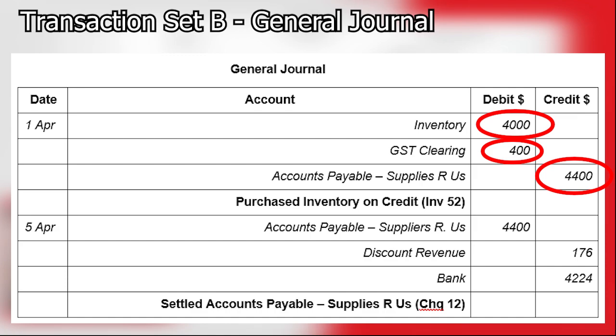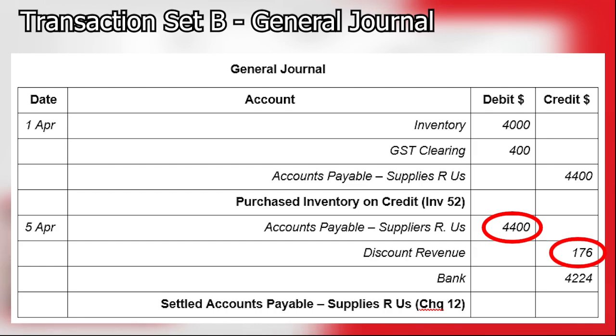Everything seems pretty normal, but then on the 5th we settle the account, so obviously accounts payable needs to be 4,400 on the debit side. Discount revenue, going based on our previous maths, is 176, and that is evidenced right now in that, hey look, we calculated this, it's a revenue, it goes up, it's a credit.